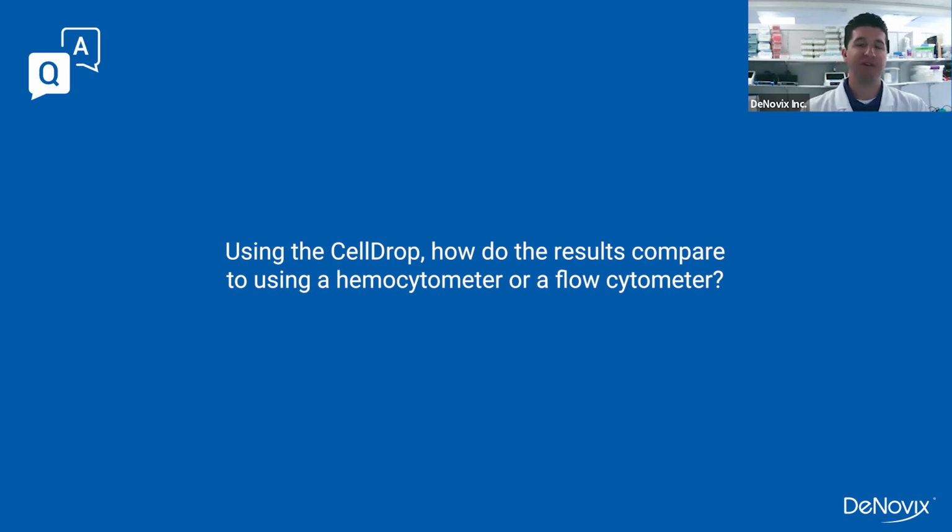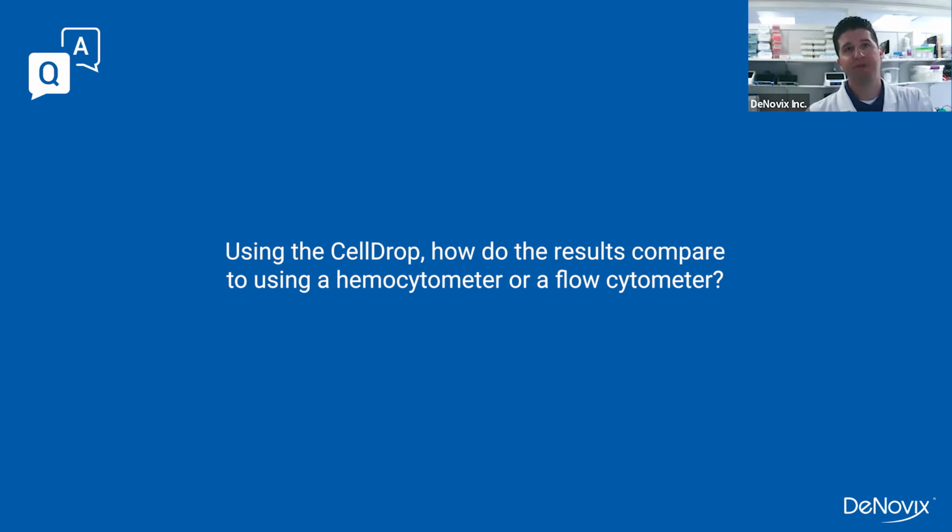So you'll see a large variation from count to count in the different hand counts, just because of different users and having to do so much interpretation of the image ourselves. The CellDrop still gets a really accurate count, but it's far more precise than what the hemocytometer can offer.